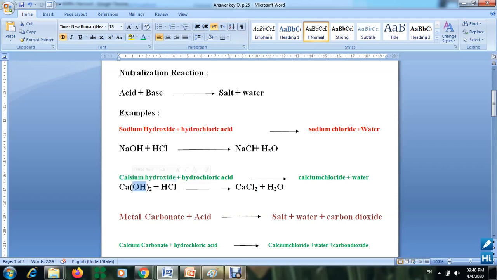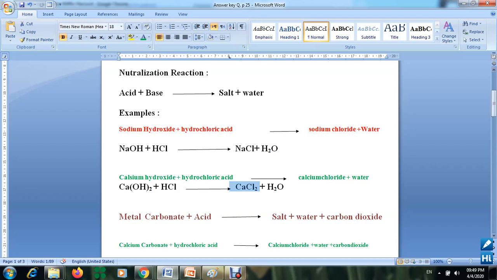The calcium hydroxide has hydroxide, which will combine with hydrogen from HCl to form H2O, water. And calcium will combine with chlorine to form a salt, which is what? Calcium chloride. Okay, so these are examples of a neutralization reaction.